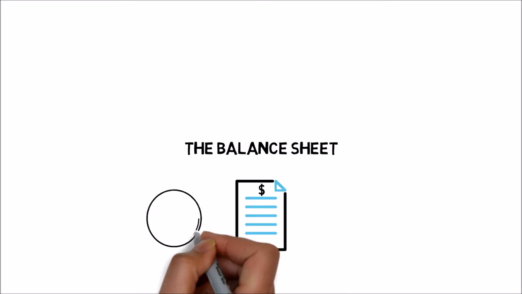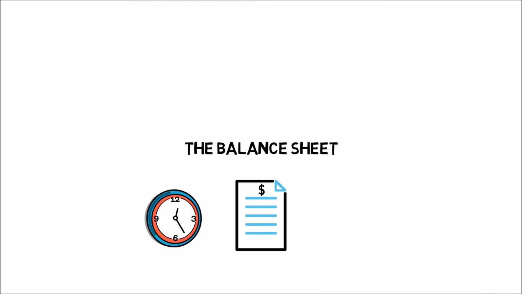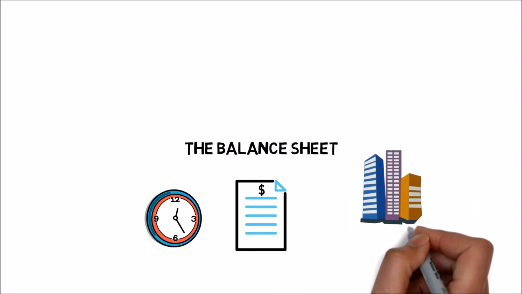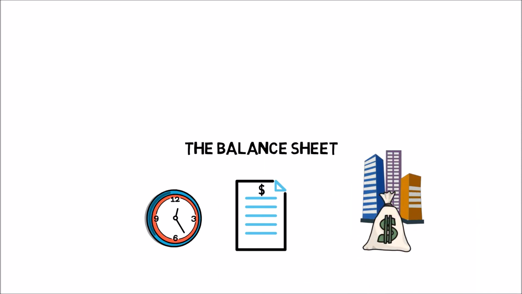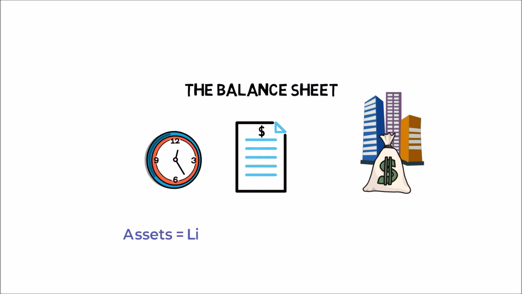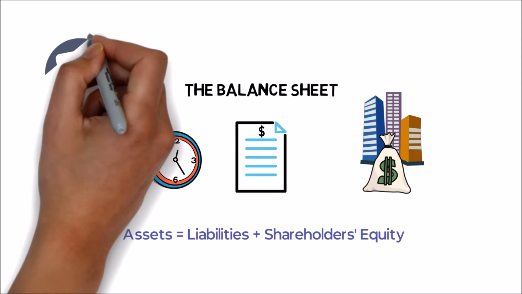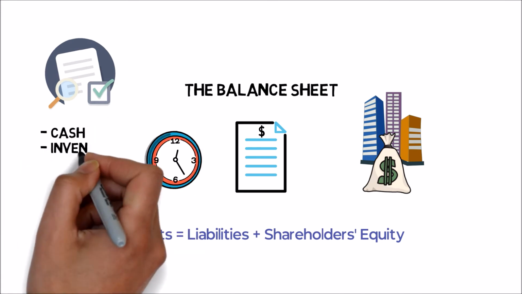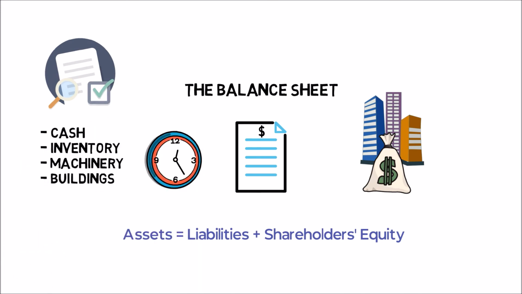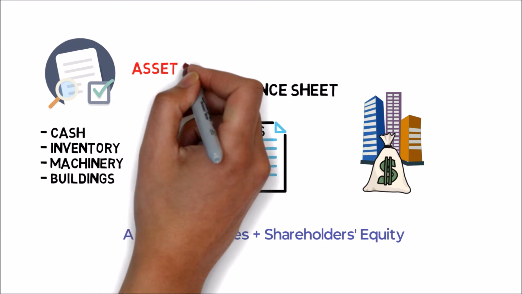The balance sheet. The balance sheet is a company's financial position at a specific point in time. The name of the balance sheet comes from the fact that a firm's financial structure balances as follows: assets equals liabilities plus shareholders' equity. The resources of a business, such as cash, inventory, machinery, and buildings, are represented by assets.